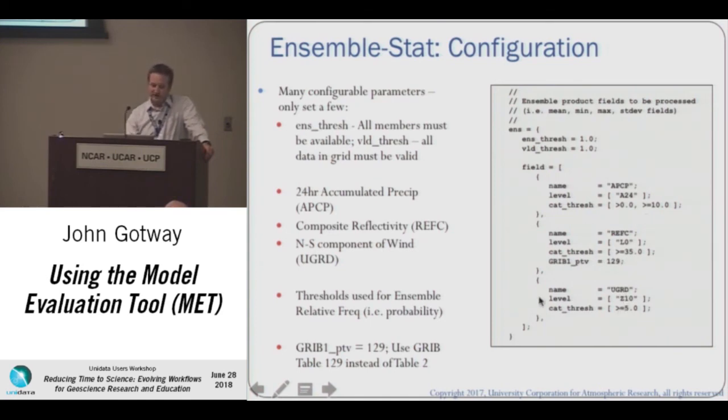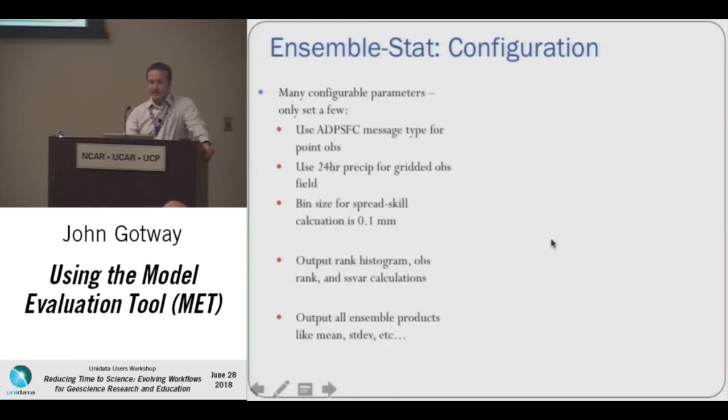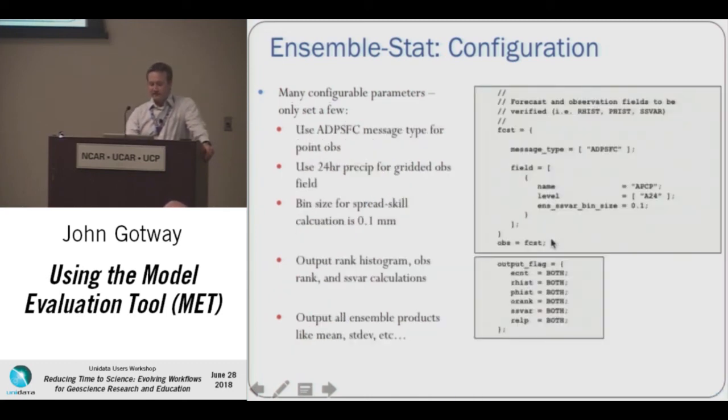So this is what the ensemble section in the config file looks like for requesting those things. In the forecast section, really you can only compute rank histograms and those sorts of things for variables for which you have observations. So in general, you may want to compute probability forecasts for many fields, but you only want to actually verify a subset of them in ensemble stat. So that's why they're listed separately.